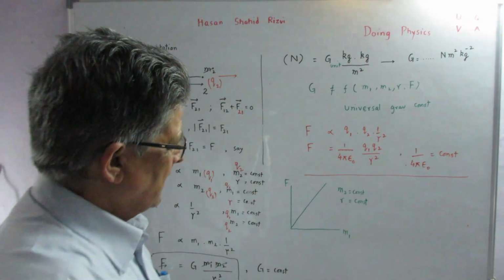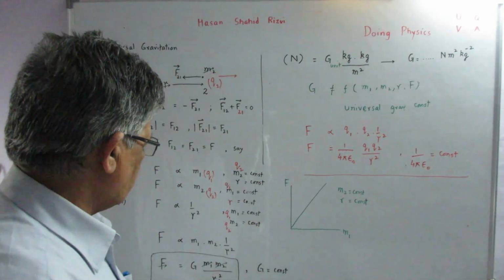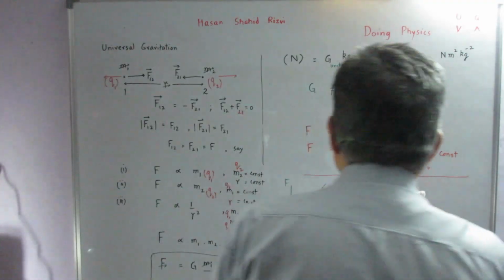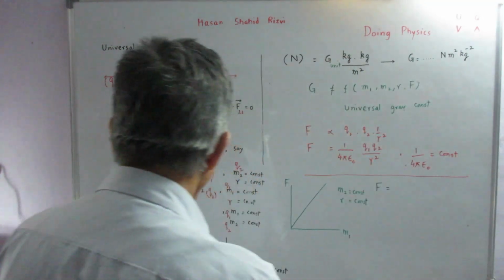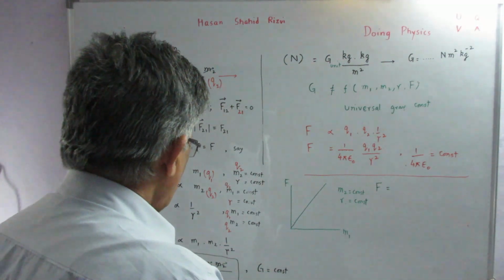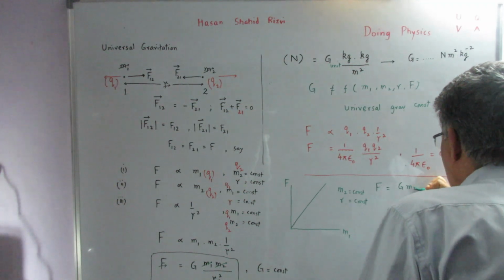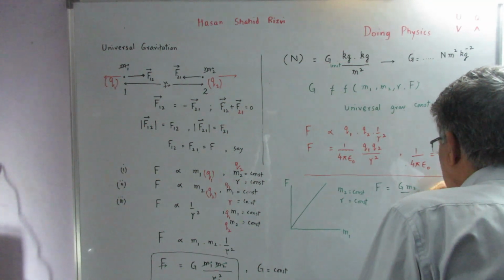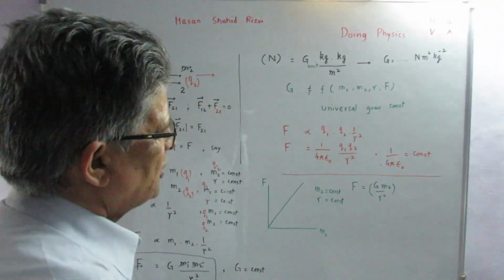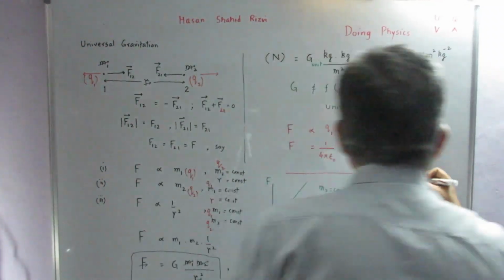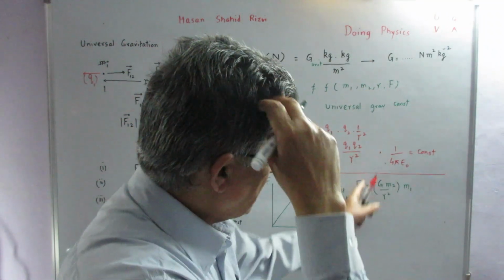Now for the constant of proportionality, with the help of this equation, F will be equal to capital G M2 upon R square. This I take as a constant because M2 is a constant and R is a constant. So this is multiplied by M1; that is, this constant times M1.